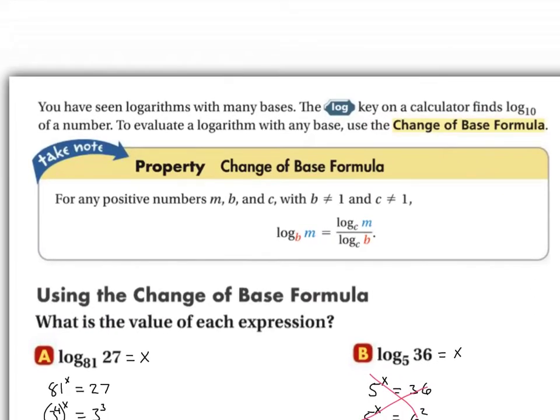So we want to be able to rewrite any logarithm with any base into one of those 2 logarithms. Okay? So that is where we get the change of base formula. The change of base formula says that if we have log base b of m, we can rewrite that as log base c of m over log base c of b.